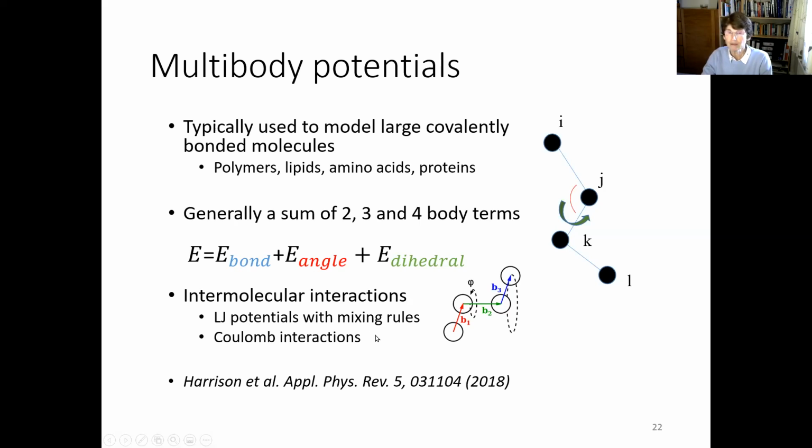And a lot of these atoms have partial charges, so they also interact with Coulomb interaction. If you're going to use these types of biomolecules, organic molecules, I'd highly recommend you read this very good review published in 2018, which is very comprehensive and gives a lot more detail than I'm giving here.